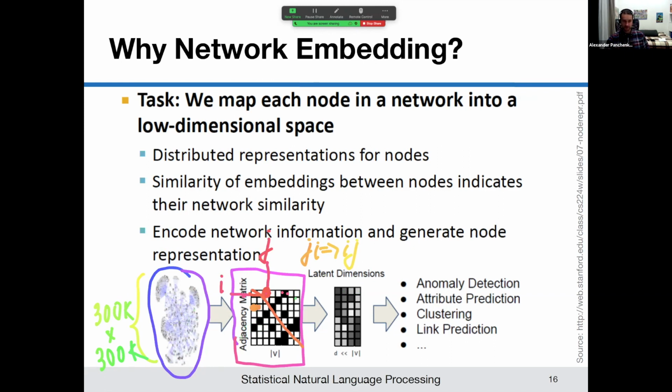So that's why people started to try to learn some kind of representations where the number of dimensions d is much less than the size of the vocabulary.